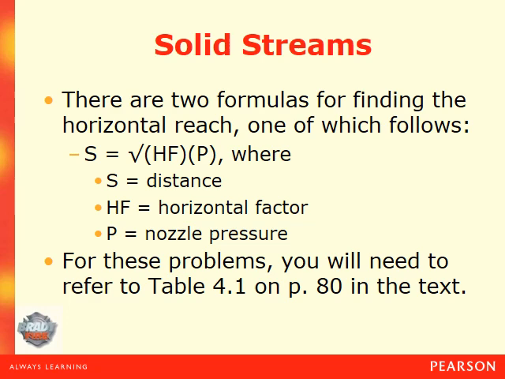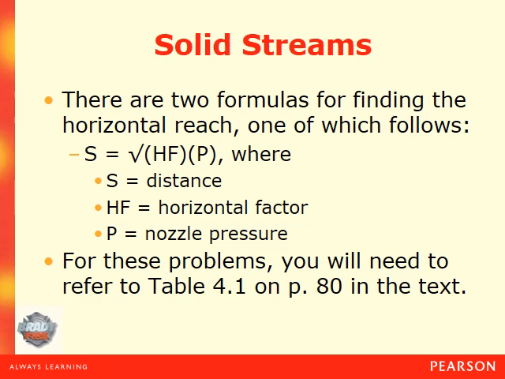For these problems, you will need to refer to table 4.1 on page 80 in the text. So let's go ahead and try to work a problem. What is the approximate horizontal reach of a 1.25 inch tip when the discharge pressure is 40 psi?